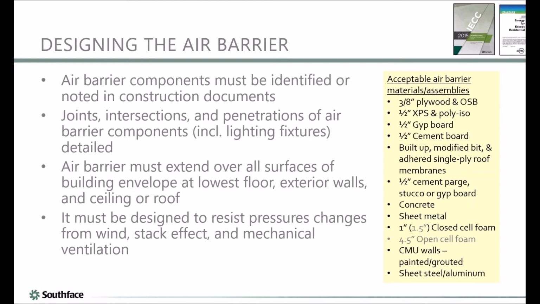Exactly. So that is very specifically spelled out, that joints, intersections, and penetrations have to be detailed and air sealed, and that the air barrier has to be continuous. Like we say, if you took your pen on the drawing and traced the air barrier, you need to be able to draw all the way around without lifting your pen up.